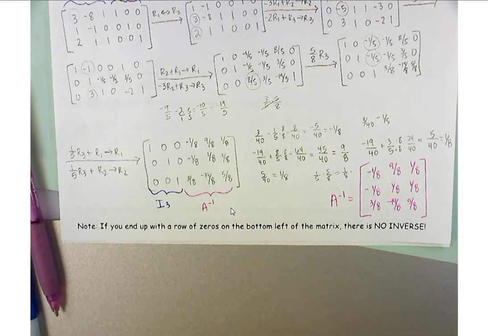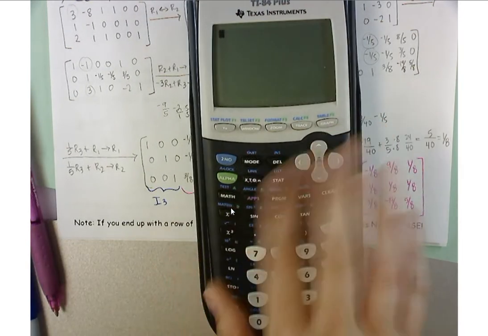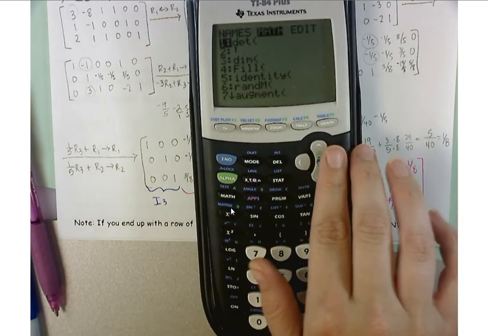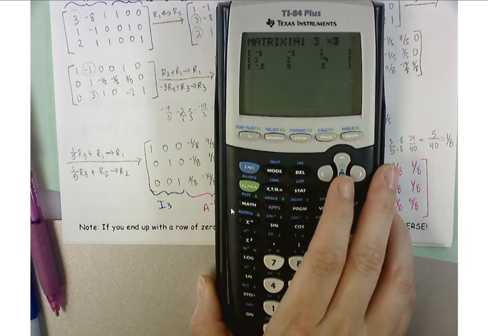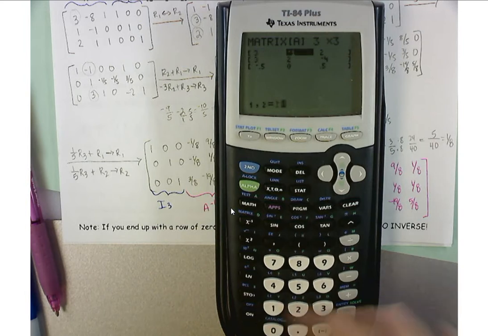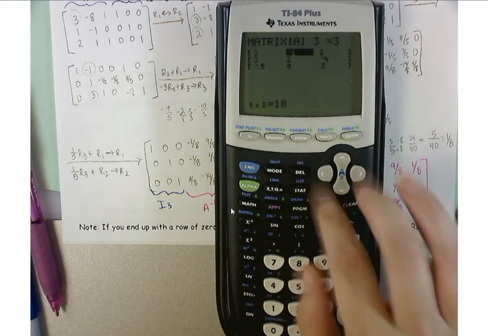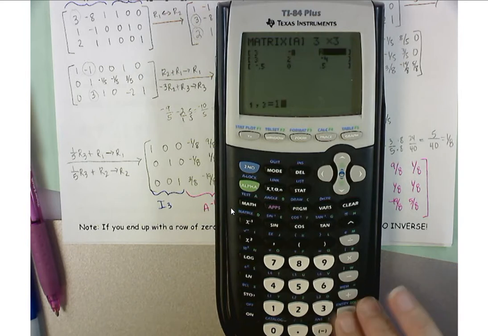Okay, and then if you're working on this and you want to check your answer, now you aren't going to be able to have this. You're not going to have a calculator on your test, but I do want to show you how you could check it with your matrix. So you would go to matrix, go to edit. So this is a 3 by 3 matrix. So I'm going to make mine 3, negative 8, 1, 1, negative 1, 0, 2, 1, 1.